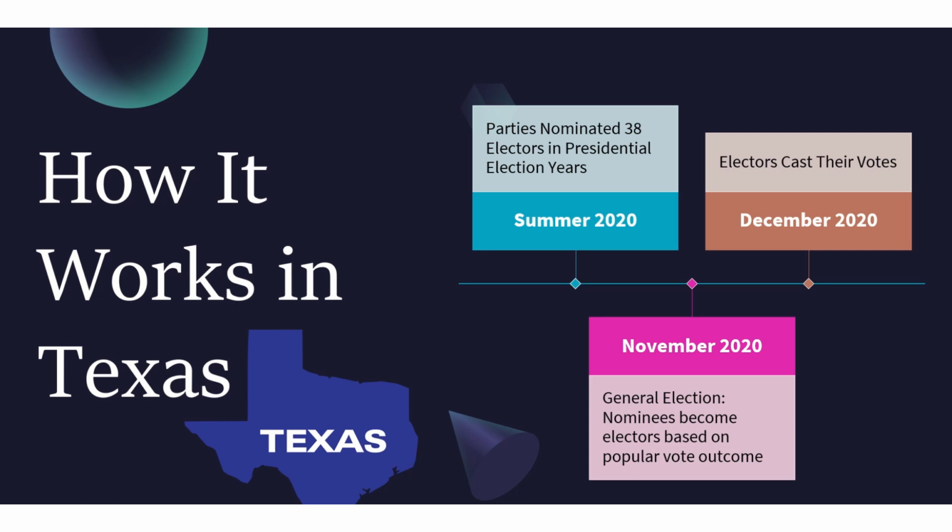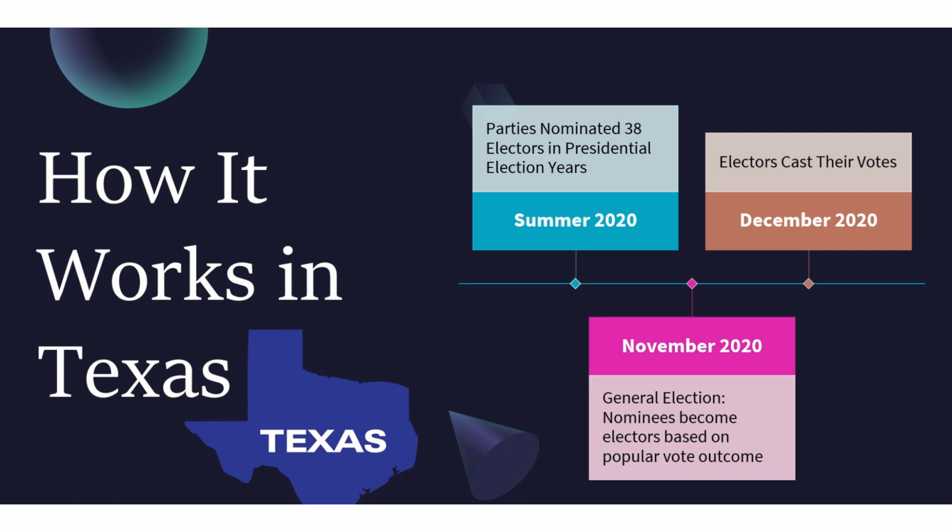Okay. All right. So let's go back to 2020. In the summer of 2020, and every summer of presidential election years, the Democrats will have their state convention. They'll choose one of the biggest cities in Texas, and the Republicans will have their state political party convention, and they'll choose one of the largest cities in Texas.